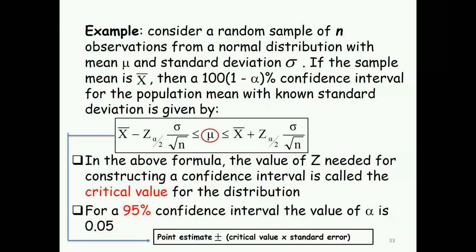So in the above formula, the value of Z needed for constructing a confidence interval is called the critical value. This is the critical value for the distribution. For a 95% confidence interval, the value of alpha is 5%. So the same thing: point estimate, plus or minus, the critical value times the standard error.